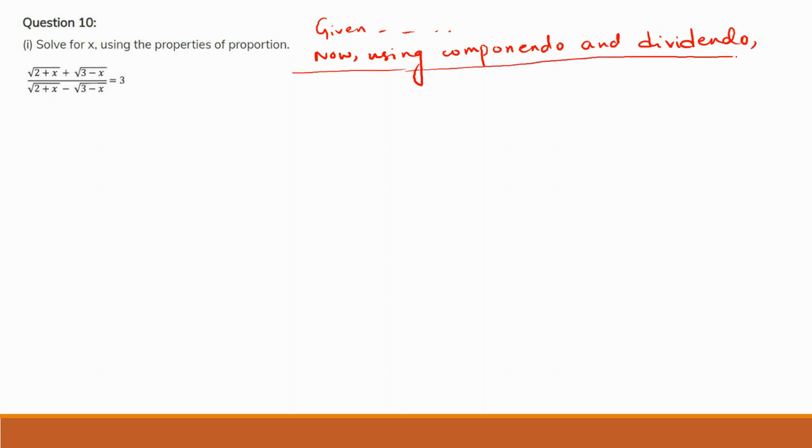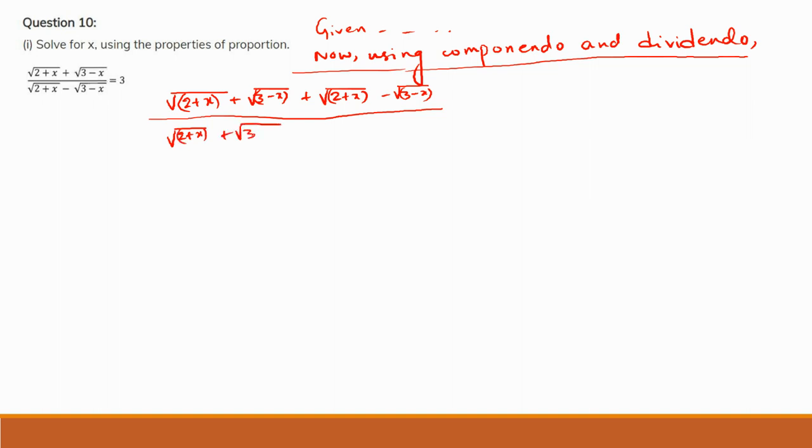Now using componendo and dividendo, what we get is: the numerator should be added to the denominator and divided by the numerator minus denominator, so root of 2 plus x plus root of 3 minus x, over root of 2 plus x minus root of 3 minus x.